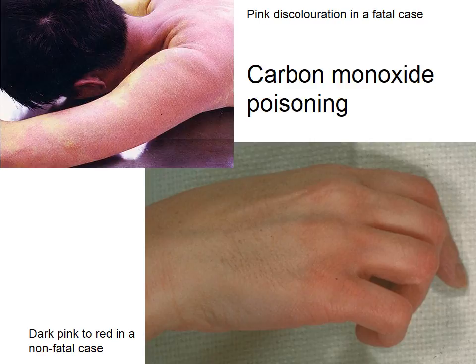The picture of the hand below is a patient who was admitted with carbon monoxide poisoning but was alive and responded well to high intensity oxygen therapy. So a fairly simple clinical observation, but of course you need to think of it. And bear in mind always that the pulse oximetry is not going to help you in this situation.